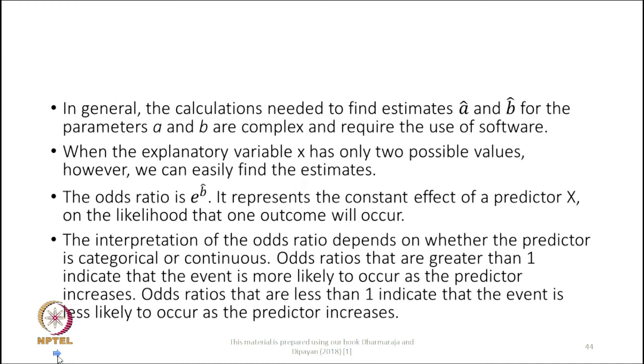An odds ratio less than 1 indicates that the event is less likely to occur as the predictor increases.